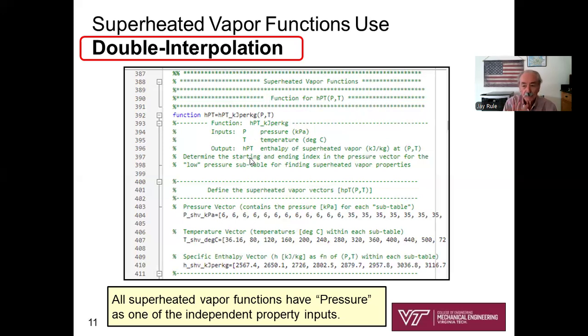I won't go into the nitty-gritty details of how I created this complex function for you. If you have detailed questions, I'm happy to talk to you about it offline, one-on-one. But anyway, it's a lengthy function for the enthalpy of superheated vapor as a function of pressure and temperature. And the others get even a little more complex than that.